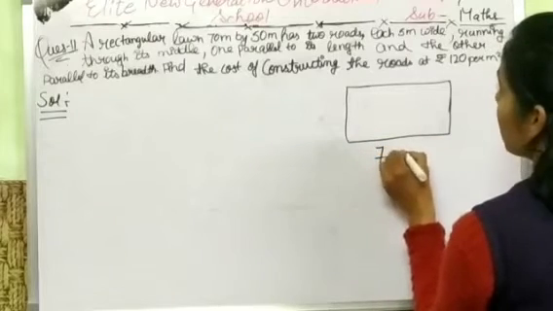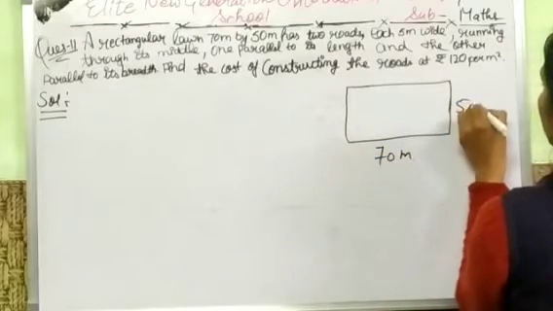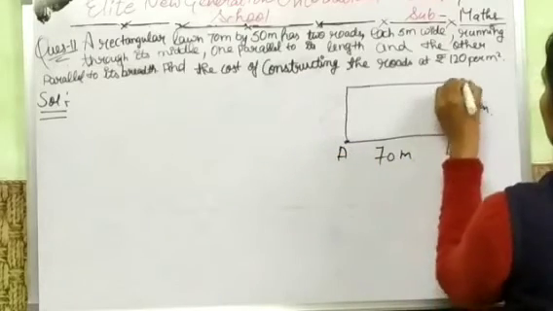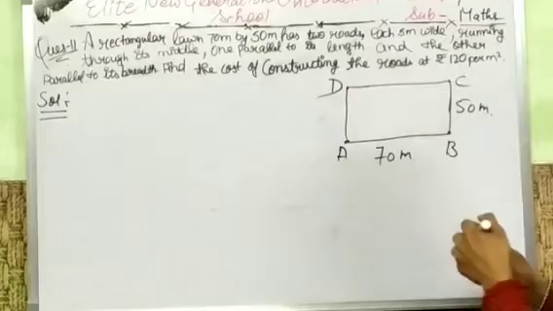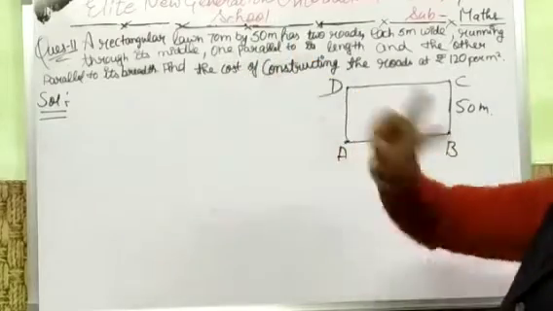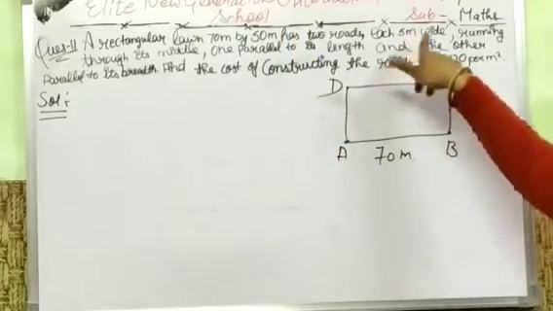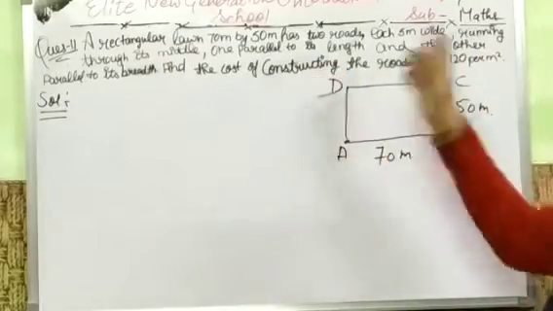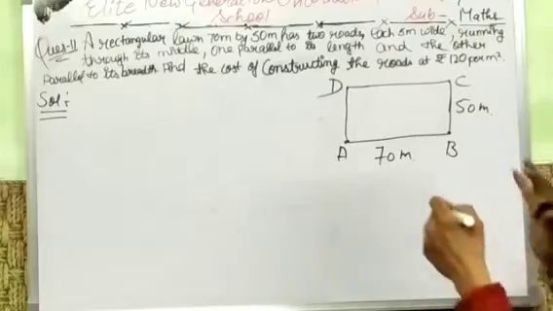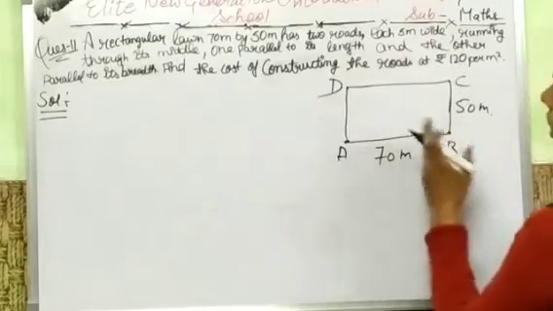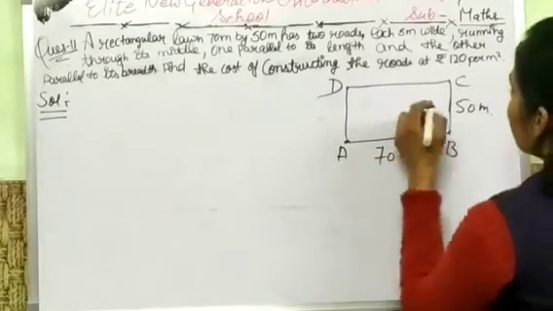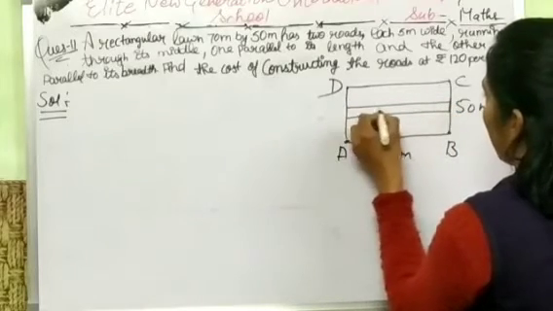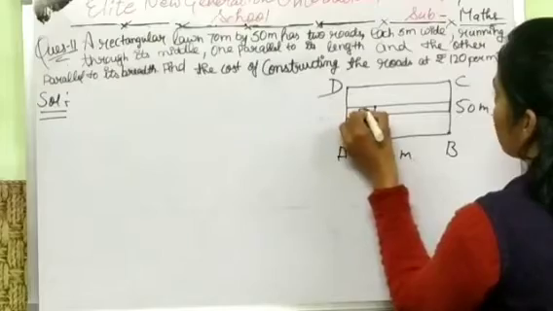So this length is 70 meter and breadth is 50 meter, and name it A, B, C, D. Now it has two roads, each of width 5 meter, running through its middle, one parallel to its length. So first make a road of width 5 meter parallel to its length. Parallel to its length means this road is like this, and this width is given, which is 5 meter.